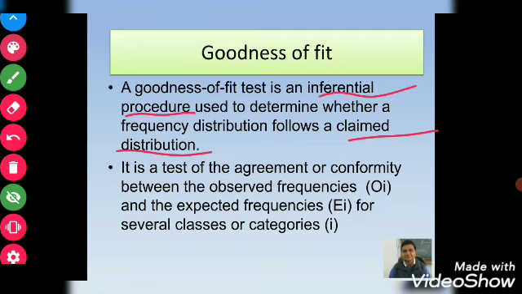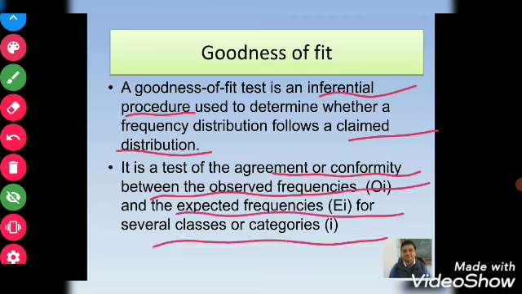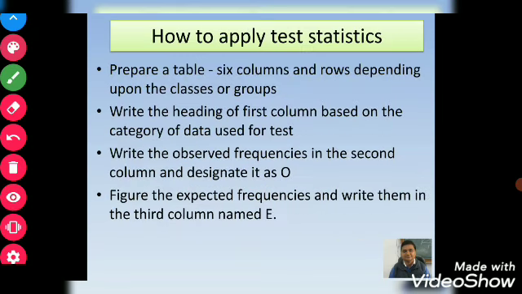You have to test whether the observation you were expecting is similar or not, or if it is dissimilar, whether it is a significant or non-significant dissimilarity. It is a test of agreement between the observed frequency and expected frequency for several classes or categories. With one example we will understand it.